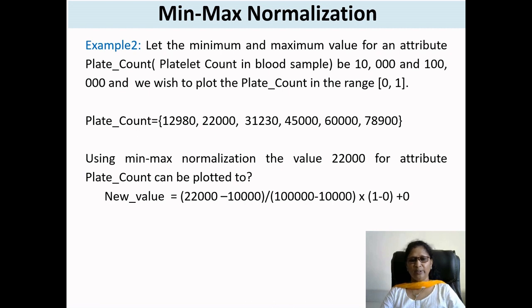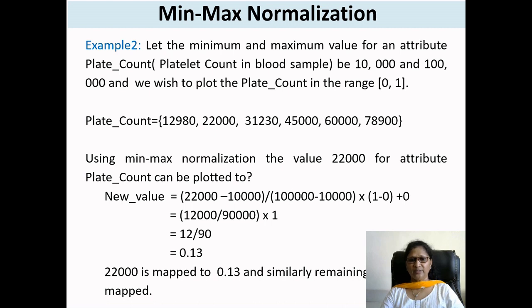So the new value for 22,000 will be computed using our formula, that is 22,000 minus 10,000, which is the minimum value for the range, divided by the range, that is max minus minimum. So it comes out to be 12,000 divided by 90,000, which results in 12 by 90, a value 0.13.